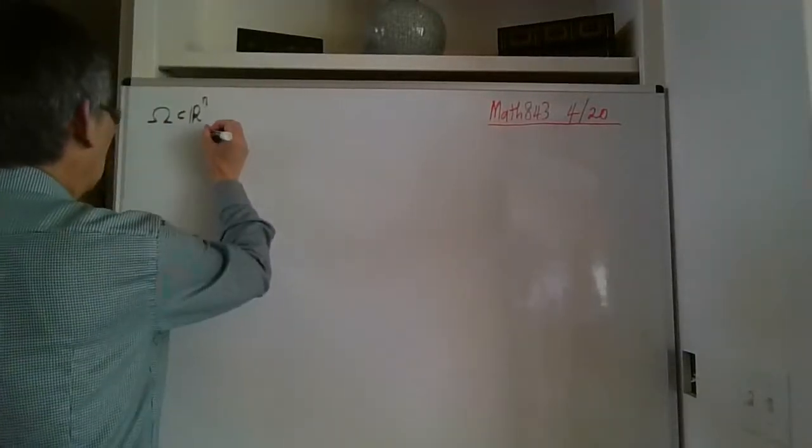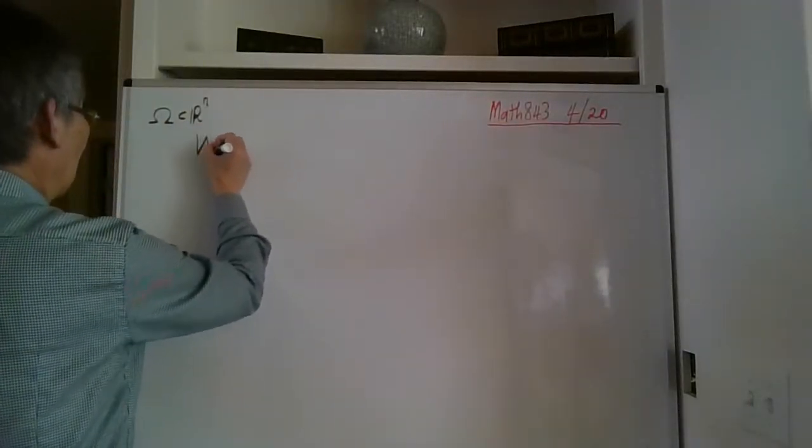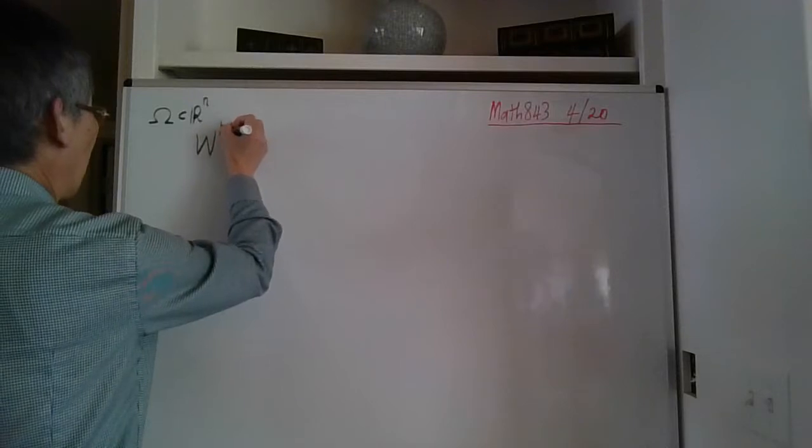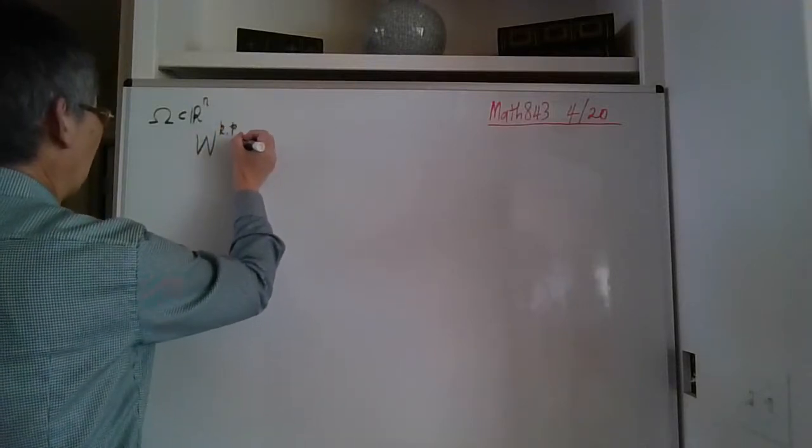So this is the Sobolev space. It's called W^{k,p}. So it's a high order Sobolev space, where the order is k.